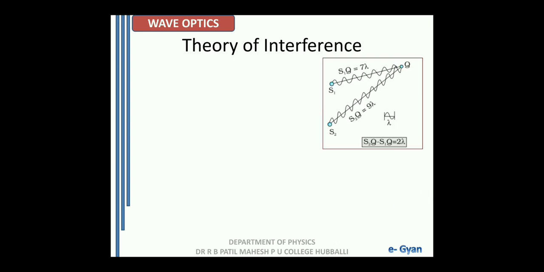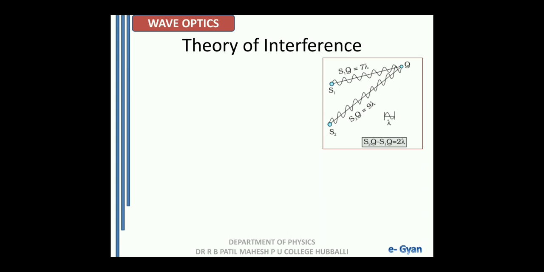There is one more case where we again have the two sources S1 and S2. The waves from S1 and S2 meet at point Q. But now S1Q is smaller than S2Q by the length of 2 lambda. So here we say that the path difference between the two waves is 2 lambda.